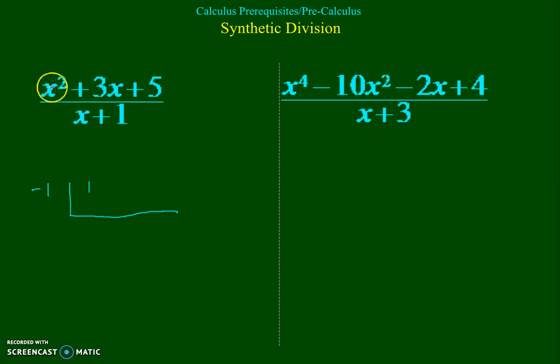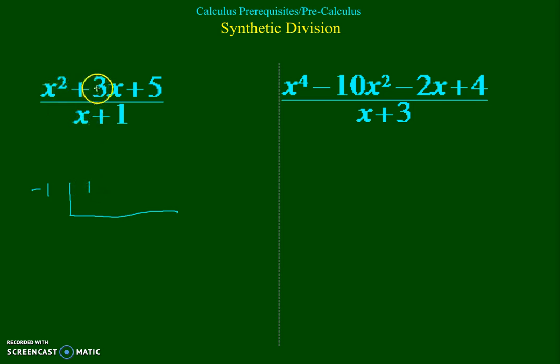So if there's a squared term, there must be a linear term and a constant. If we had a quartic, we would need a cubic, quadratic, linear, and constant. And if there's no values given, you would just put zeros in as placeholders. In this case, we have one for everything.